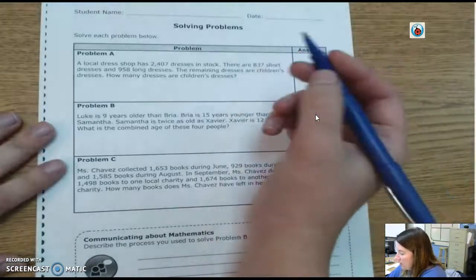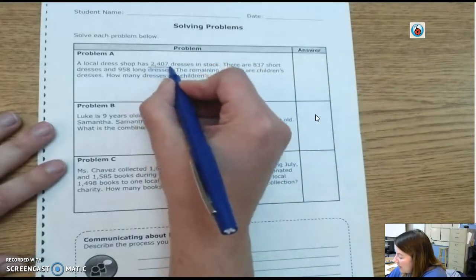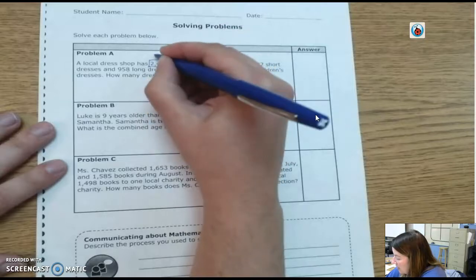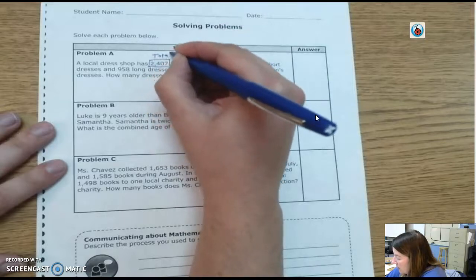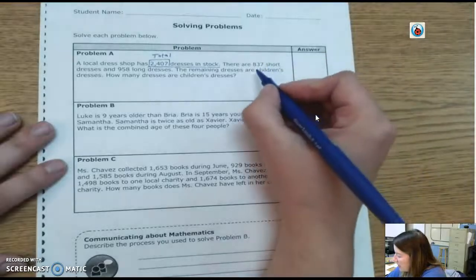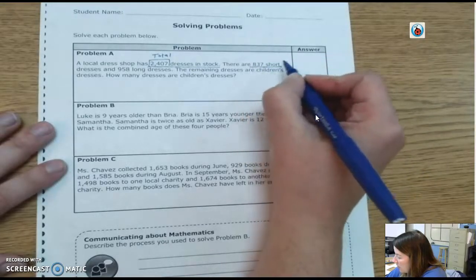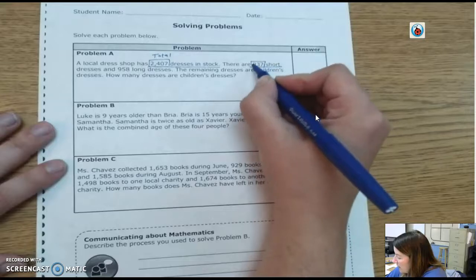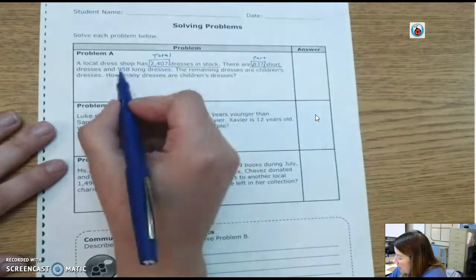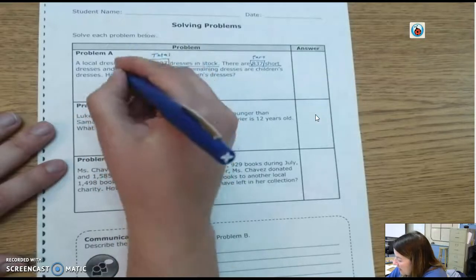It says a local dress shop has 2,407 dresses in stock. This is the total. That's the total number of dresses they have. Let's keep reading. There are 837 short dresses. So that's a part of it, right? There are 958 long dresses.